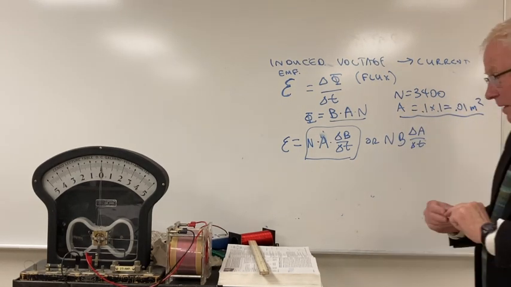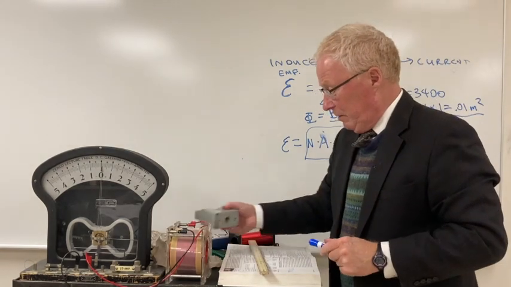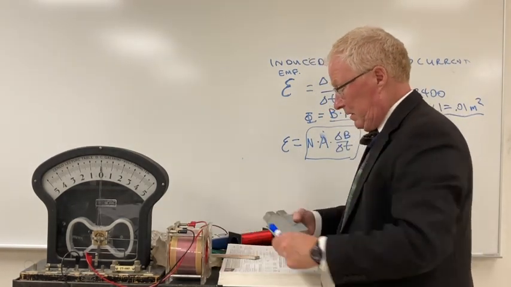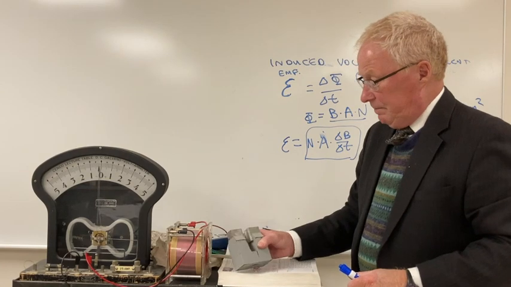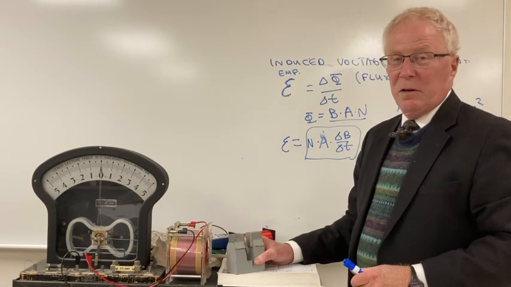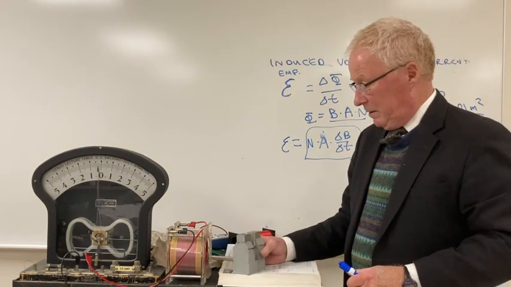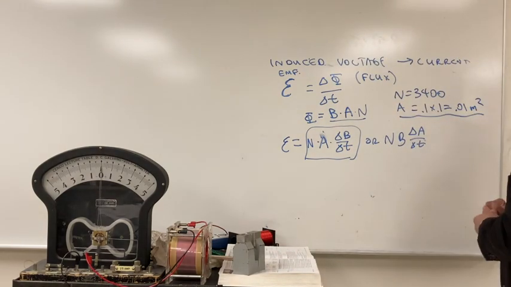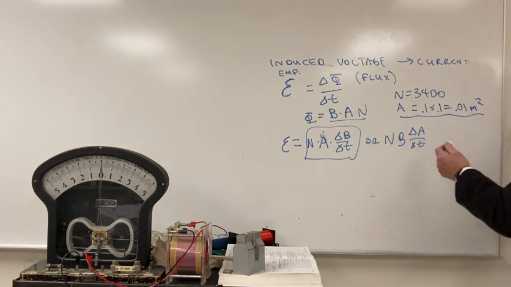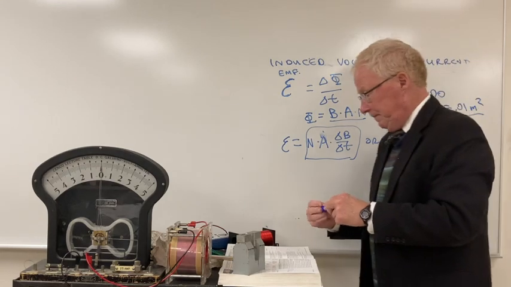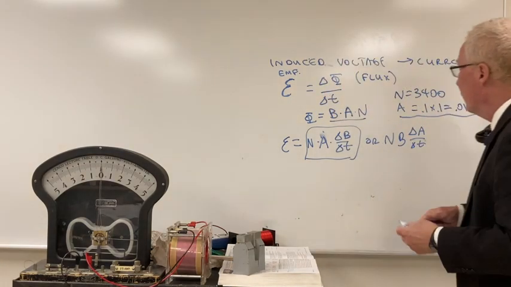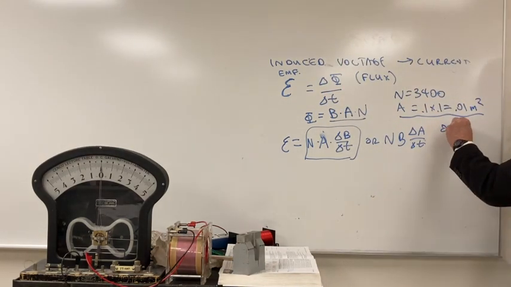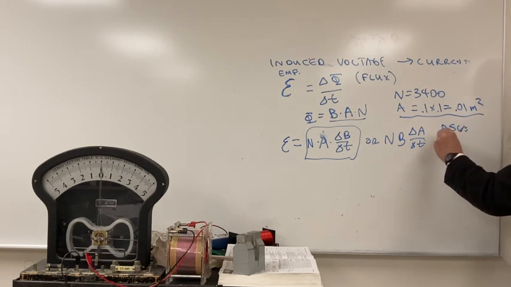Now, I don't know what the magnetic field from here is. It's a pretty strong magnet. And again, the Earth's magnetic field is about half a Gauss, or about 5 times 10 to the minus 5th Tesla.